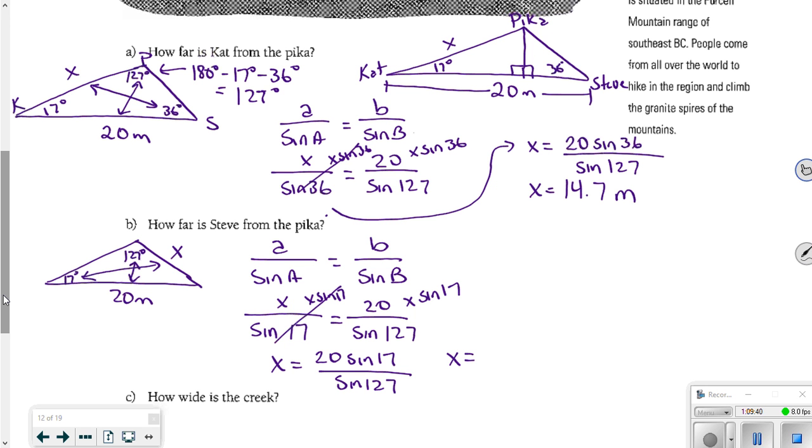And if we work this one out in your calculators, x is 7.3. Meters in the question, meters in the answer.